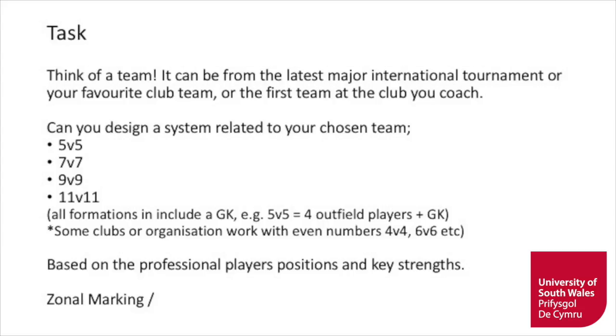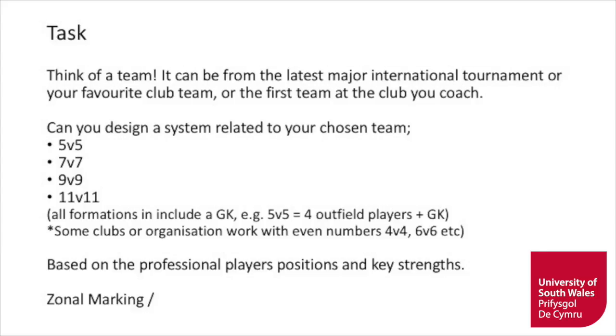Something I want to make you aware of at this stage is that some clubs or organisations adopt different formats of the game. These examples have been using odd numbers: 5s, 7s, 9s and 11s. Other organisations or football clubs will adopt the approach of having even numbers, 4v4, 6v6, 8v8.